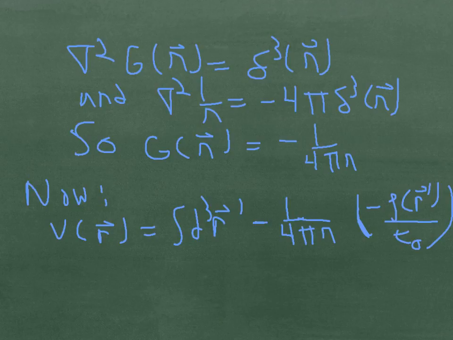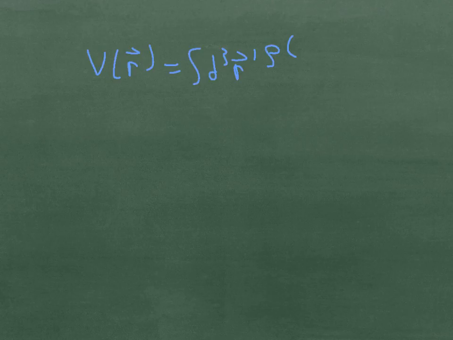This is our Green's function, and this is our f of r prime. Cleaning that up a little bit, we have V of r is equal to the integral d cubed r prime rho of r prime on 4 pi epsilon naught script r.